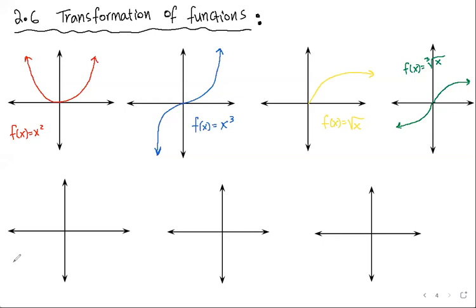Number 5, the graph of f of x equals 1 over x. The graph for this function is something like this.